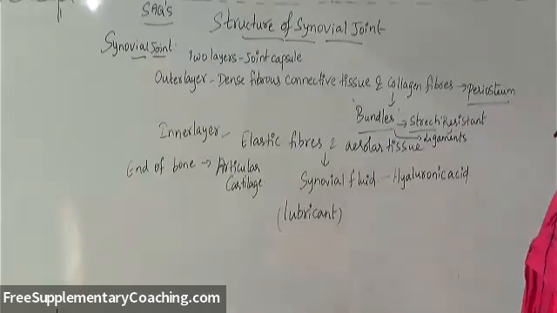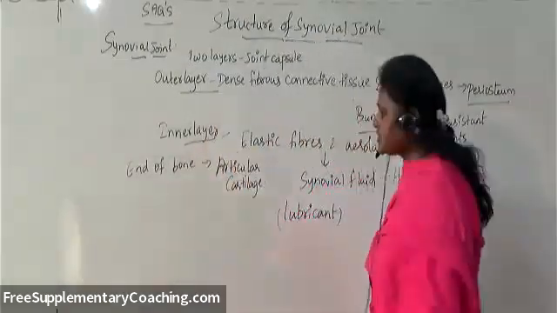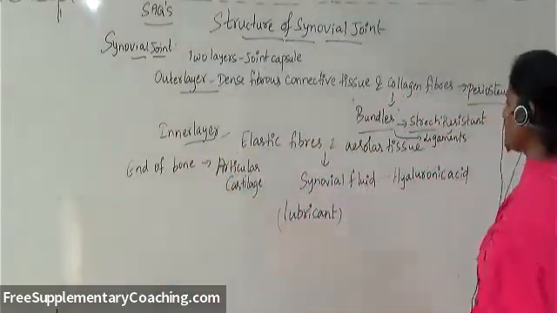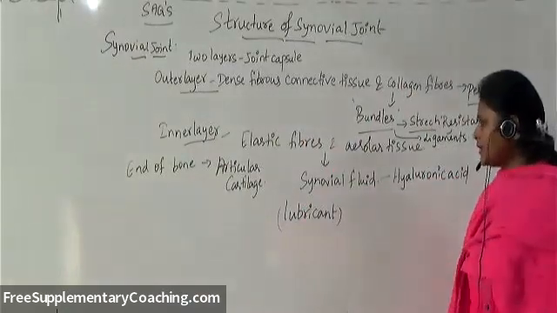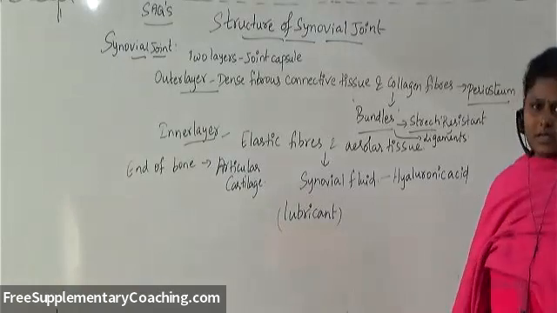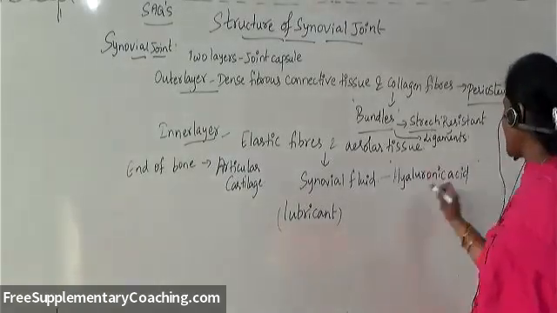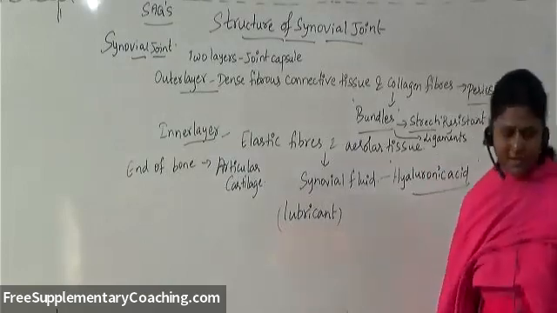And the inner layer of the synovial joint is made up of elastic fibers and areolar connective tissue. It secretes a fluid called synovial fluid, and this synovial fluid contains an important component called hyaluronic acid.